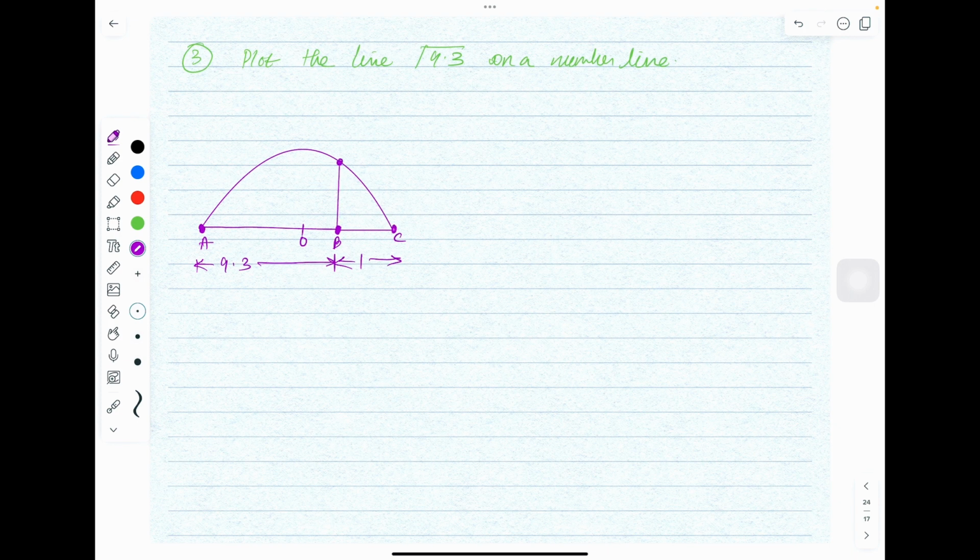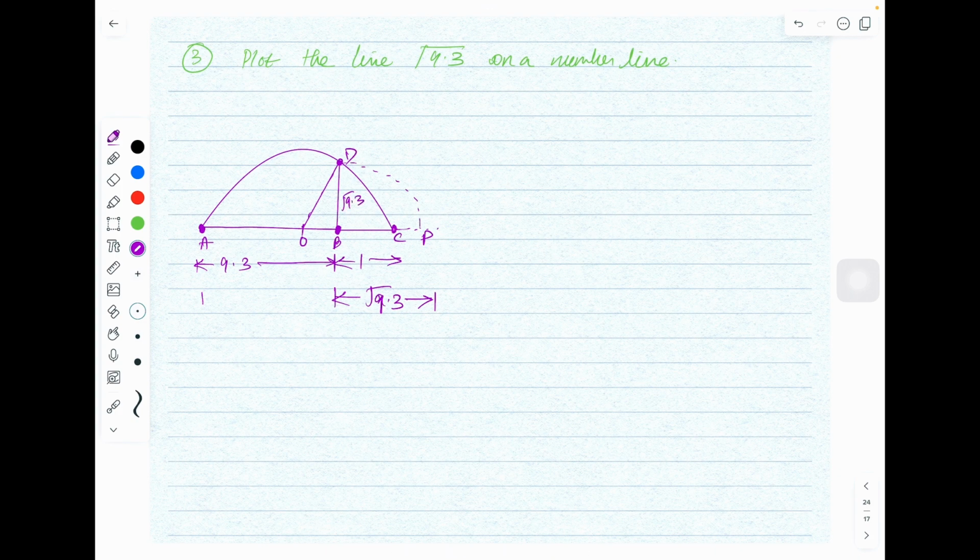It will meet at point D. Then draw an arc using BD as radius. First find the value of BD. Then you draw an arc. It will meet at point P. So BP is root 9.3, the value.